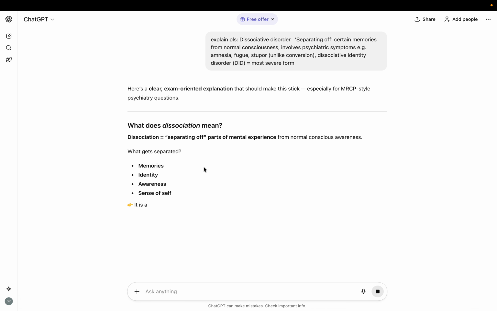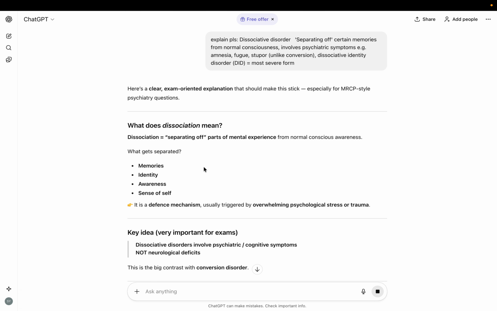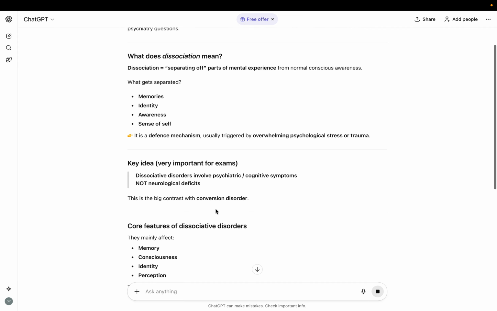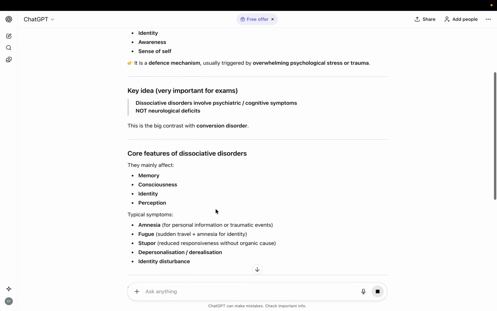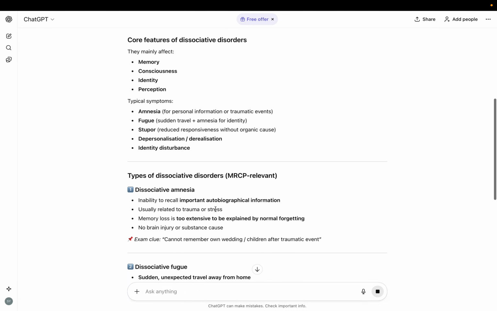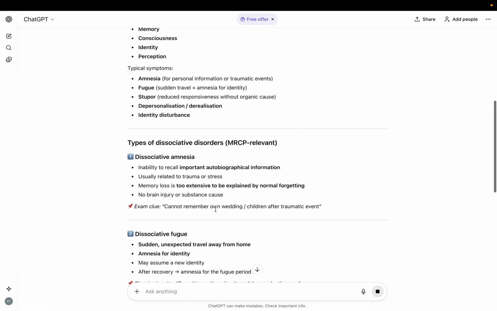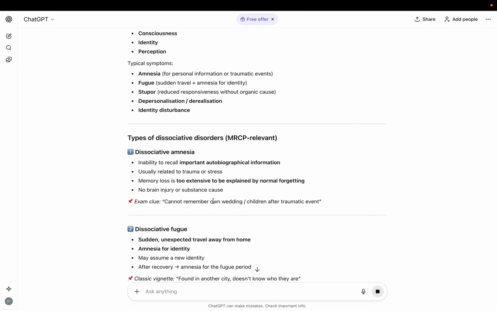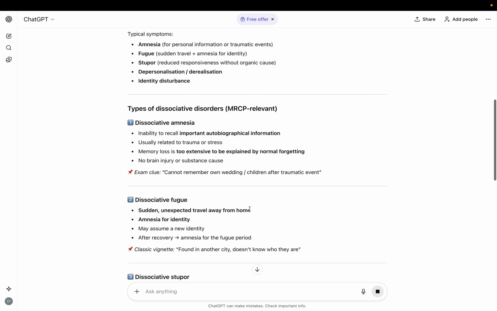What does dissociation mean? It's a defense mechanism triggered by overwhelming psychological stress or trauma. They involve psychiatric symptoms. Cannot remember their own wedding, cannot remember their children.